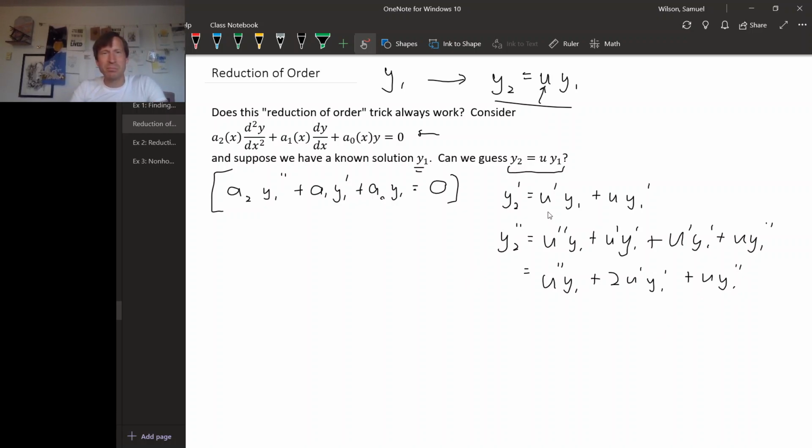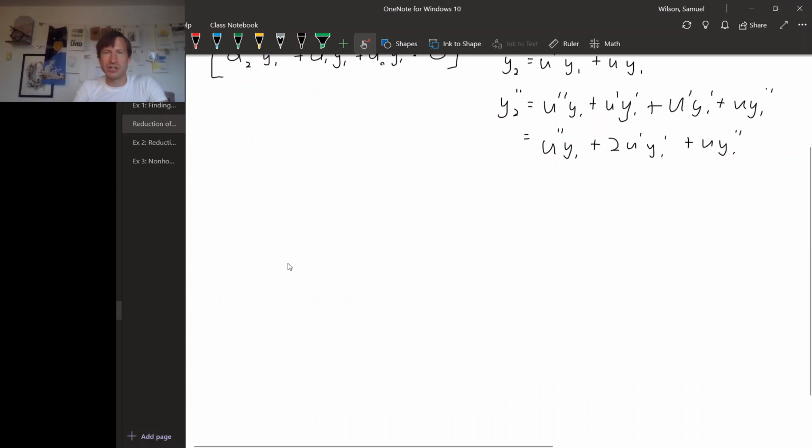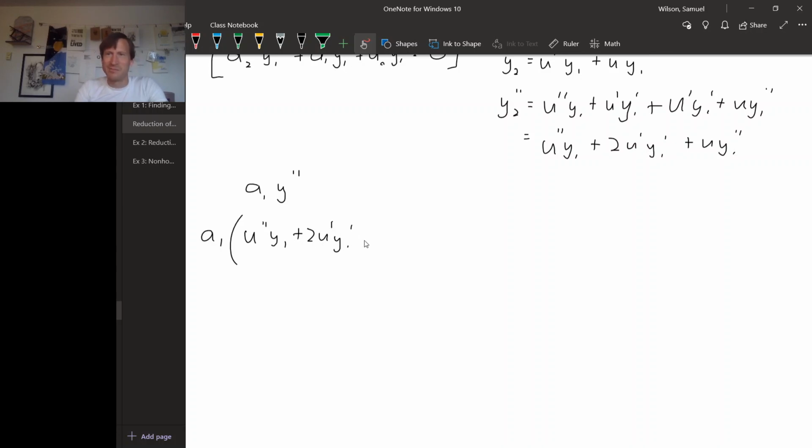Okay, and now we can plug this into the original differential equation. So the original differential equation was a sub 2 times y double prime, so now we're going to plug in y sub 2 double prime into here. So u double prime y1 plus 2u prime y1 prime plus u y1 double prime.